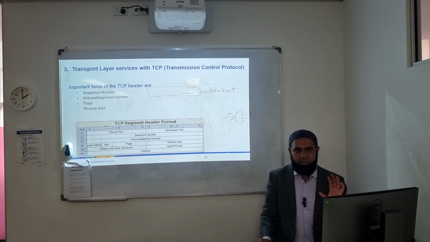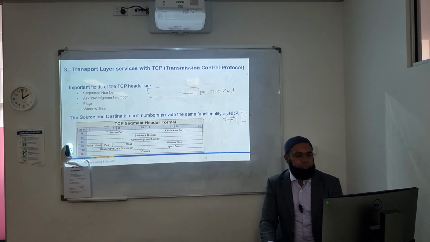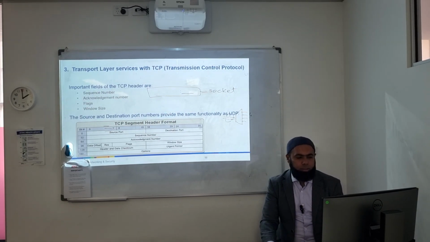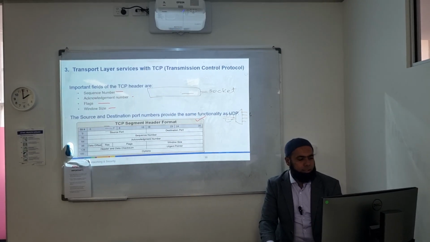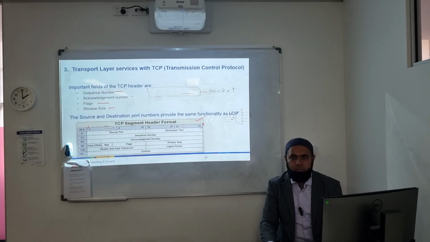Because with UDP, I know that you still have some questions in your mind. So TCP has this header format, which has sequence number, acknowledgement number, flags, window size, and you can see how to read this header. Bit numbers start from 0 and go up till 31.